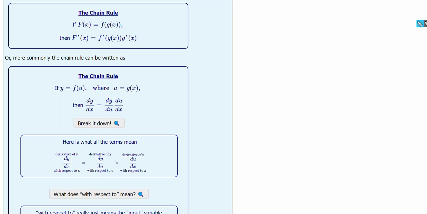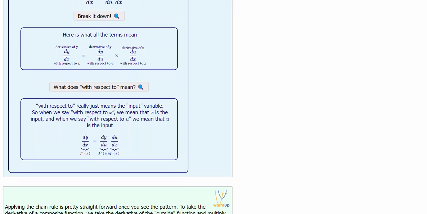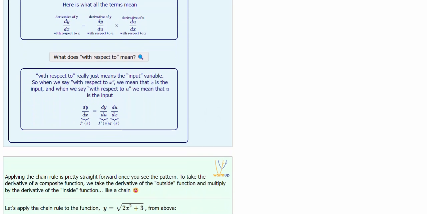That's saying the derivative of y, but now u is my input, right? That is my u. And then the derivative of u with respect to x, well, that's this, because u is g. So it says g prime of x. So now x is my input. All right, I do promise that this will make more sense when we're actually doing it. So then I kind of wrote that out on this one as well.